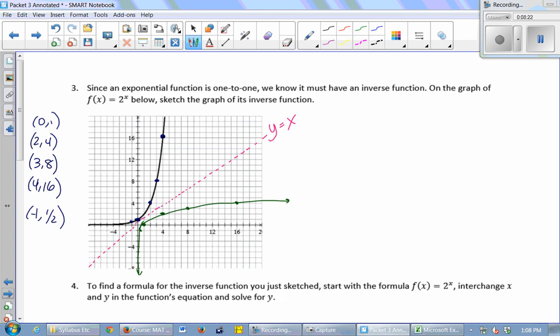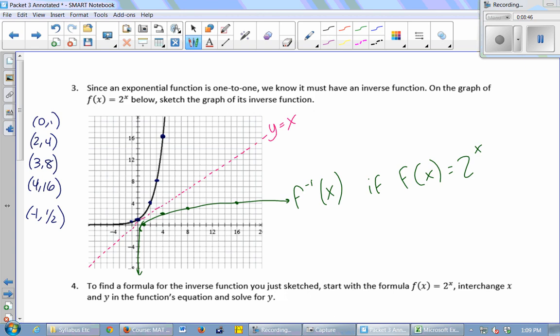This is f inverse of x, right? If f of x equals 2 to the x. It's the inverse. We drew it. So it exists, and it's kind of pretty. It has an inverse. We can look at its graph.